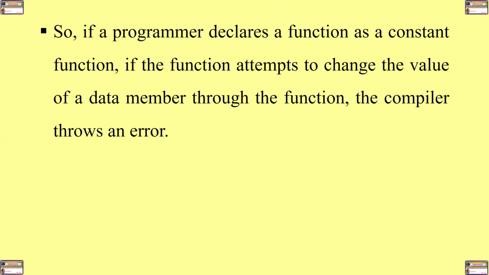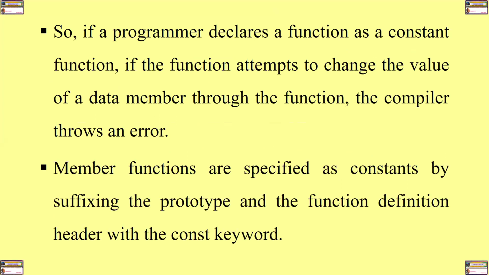So, if a programmer declares a function as a constant function and the function attempts to change the value of a data member, the compiler should return an error. Member functions are specified as constants by suffixing the prototype and the function definition header with the const keyword.